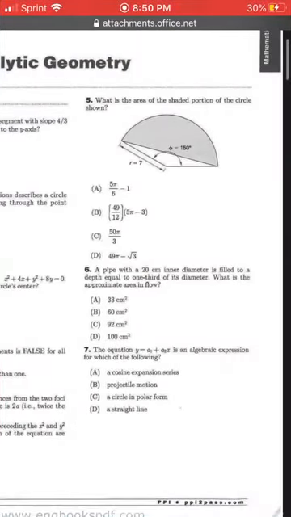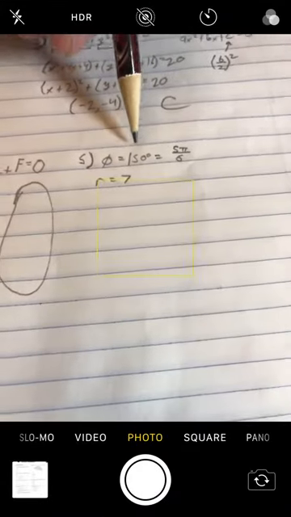Our variables are, the angle is 150 degrees and the radius is 7. But we want to convert this to radians. So 150 degrees is equivalent to 5 pi over 6, if you multiply this by 2 pi and then divide it by 360, or pi over 180, but it doesn't matter.